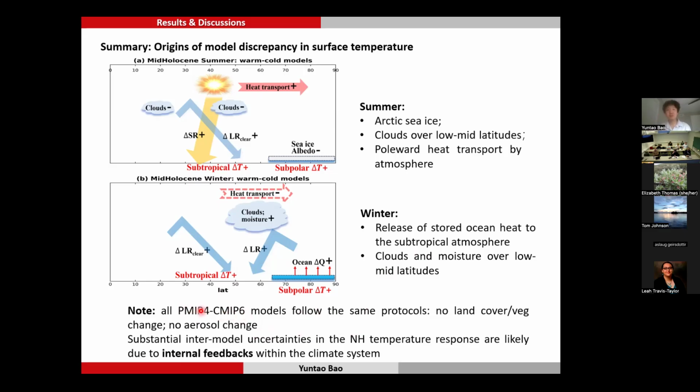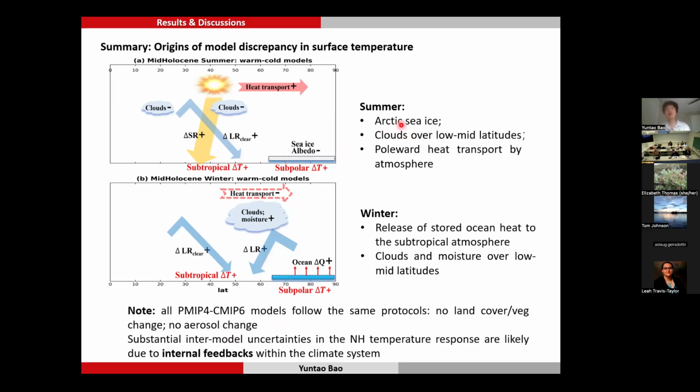In PMIP4 simulations, we do not have land cover change. We do not consider vegetation change. We also do not consider the albedo change. So all of these model uncertainties are coming from the climate system itself, internal feedbacks.